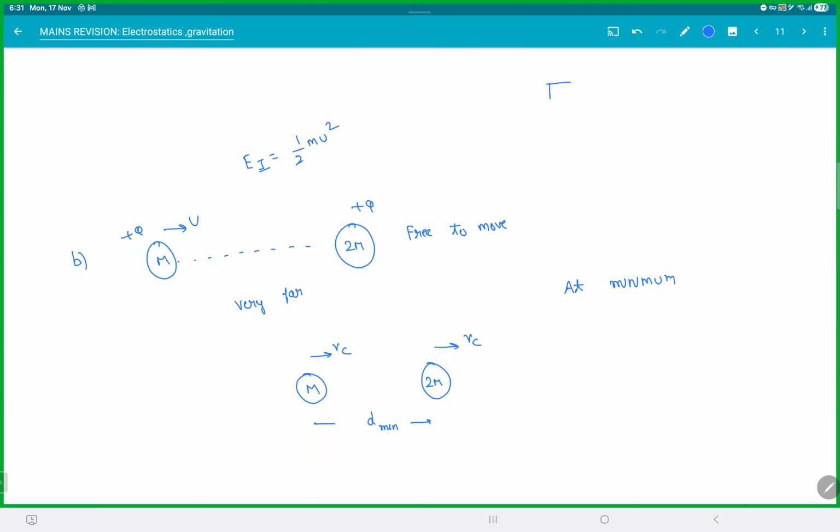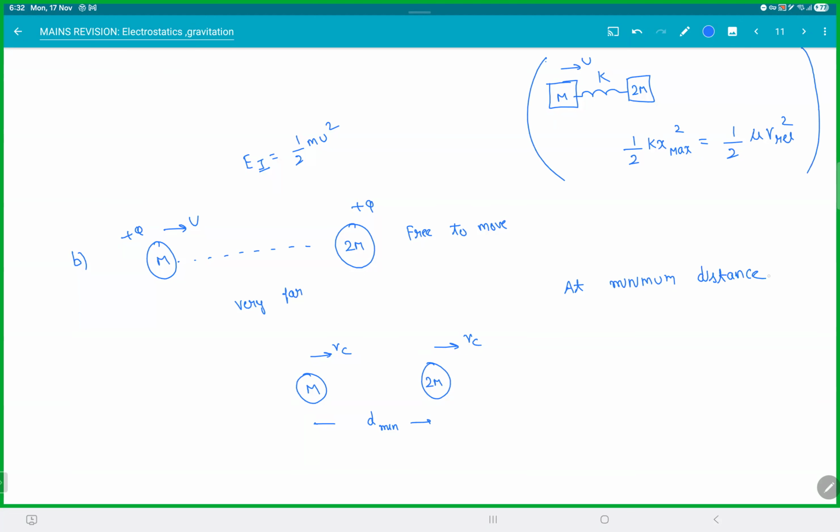This question is similar to the block and the spring problem. This thing is given, find the maximum compression in the spring. And we use the formula here, half k x max square is equal to half mu v relative square. Mu is the reduced mass. You can actually use something like that here also. But first let me show you the normal one and then I'll show you that also.